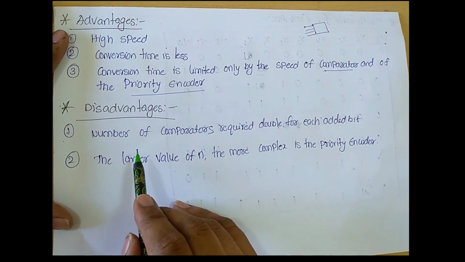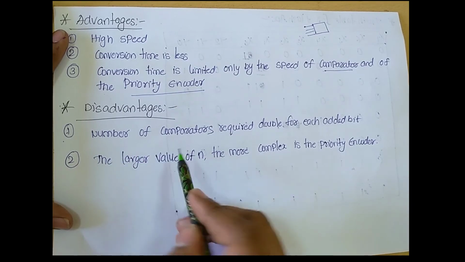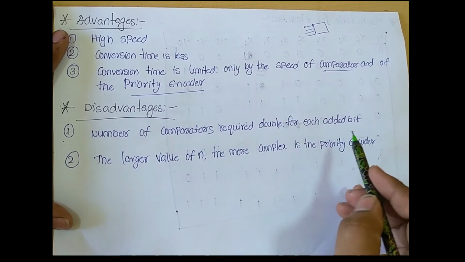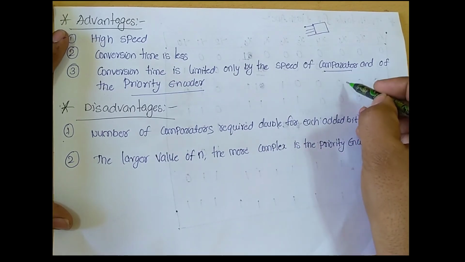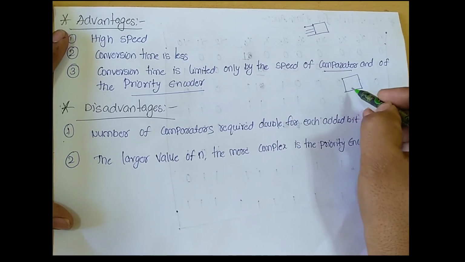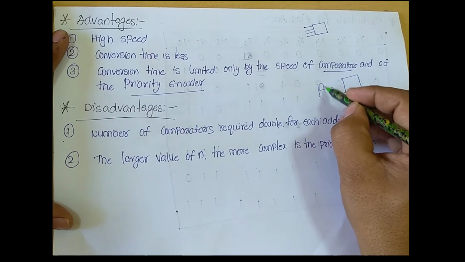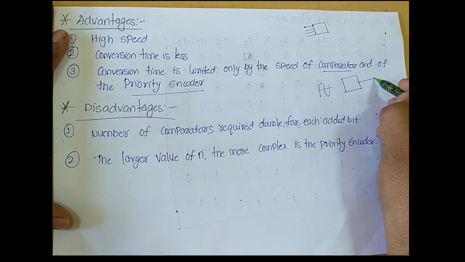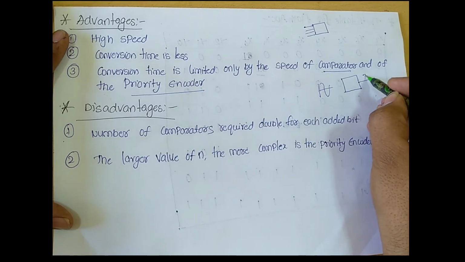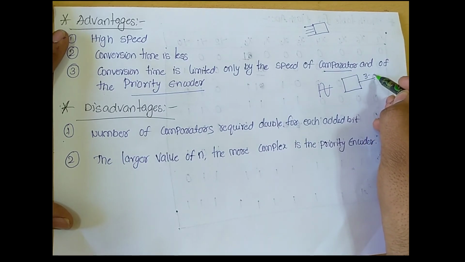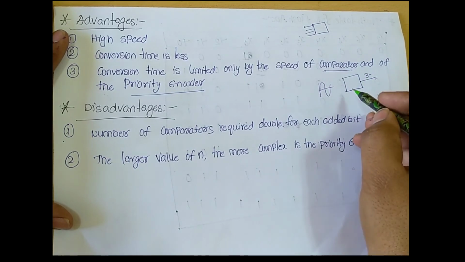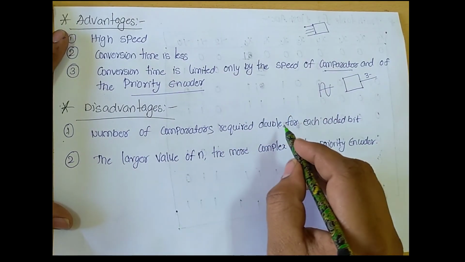Coming to the disadvantages, the first disadvantage is the number of comparators required doubles for each added bit. It means that here we consider the analog to digital converter with respect to the given input signal. Here we will generate the digital output. For example, here we want to get 3 bits of binary output. How many comparators are we using here? 8 comparators.